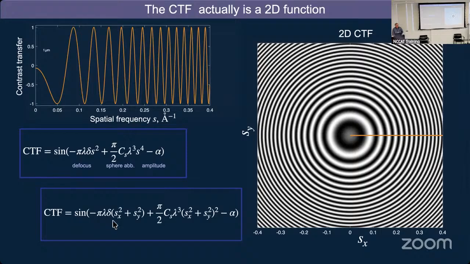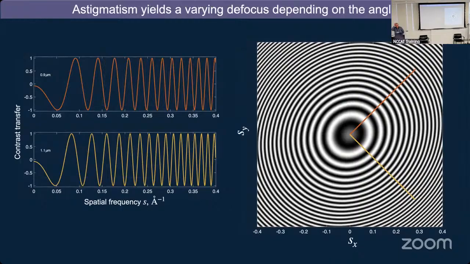But the contrast transfer function depends on both the spatial frequency in the x direction and the spatial frequency in the y direction. And if you have astigmatism, if something is distorting, or if you have a small distortion in the objective lens, or some other charging or something that's going on that distorts the image, you can get astigmatism.